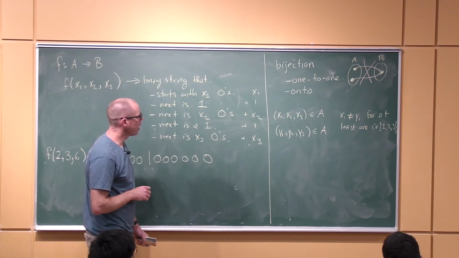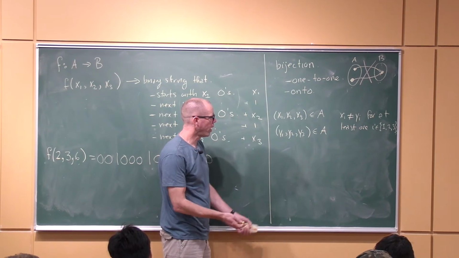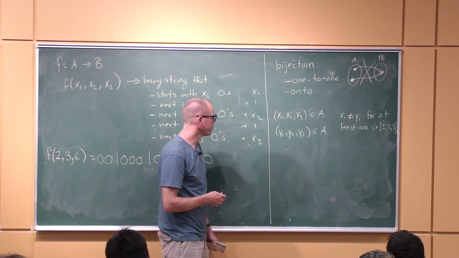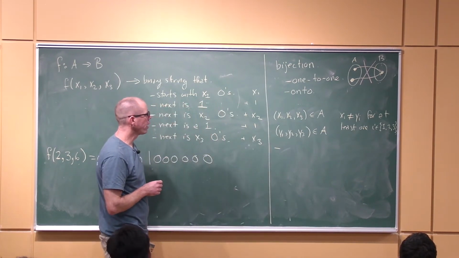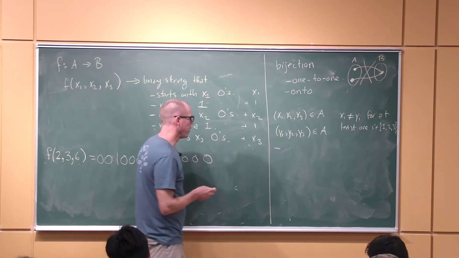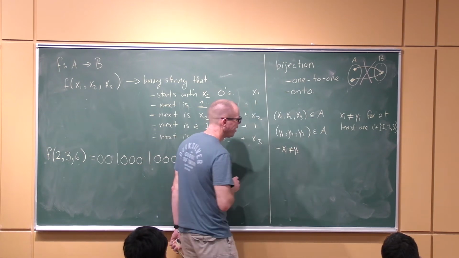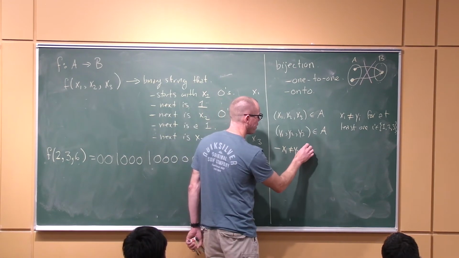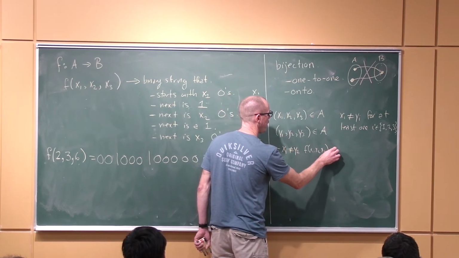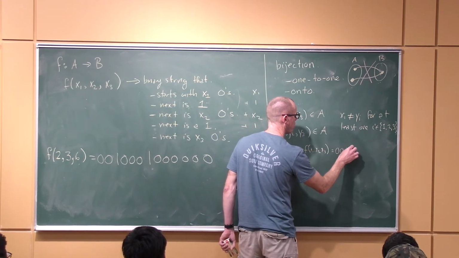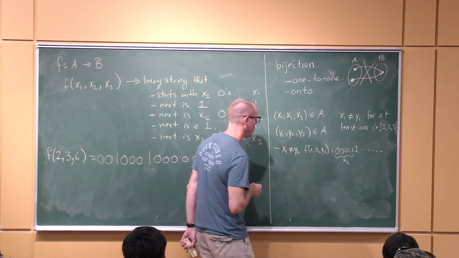Now we need to argue that, because they're different, they'll map to different strings. So I don't know, we can do this slowly and painfully, looking at the cases. Well, what if x1 is not equal to y1? Then that means that f of x1, x2, x3 looks like this, and then continues.